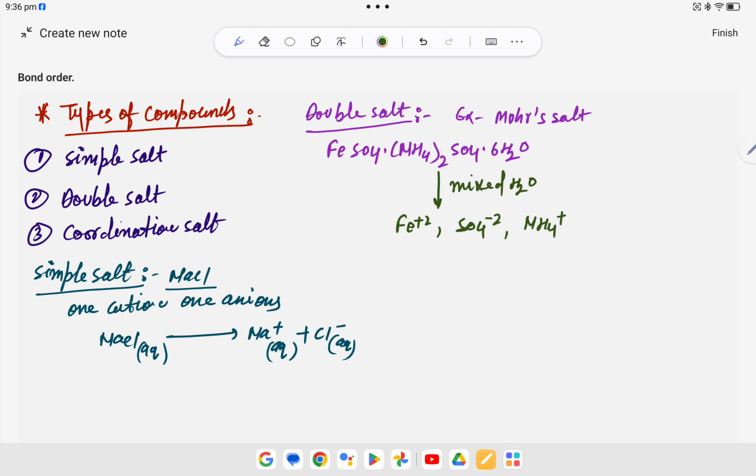More than two ions are liberated. Each ion separates. So these kinds of salt are called double salt or mixed salt also. Potash alum is also an example. Okay, potash alum, K2SO4.Al2(SO4)3.24H2O. I'm forgetting the formula. Okay, potash alum.